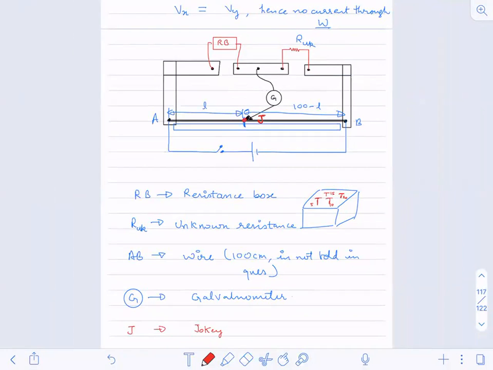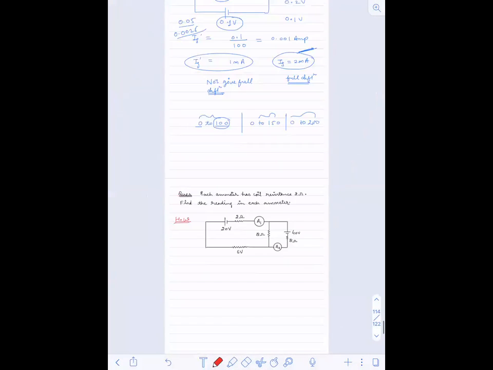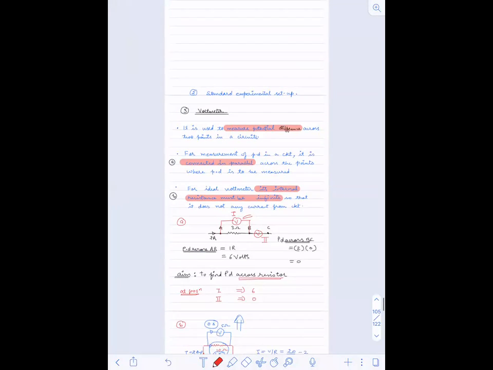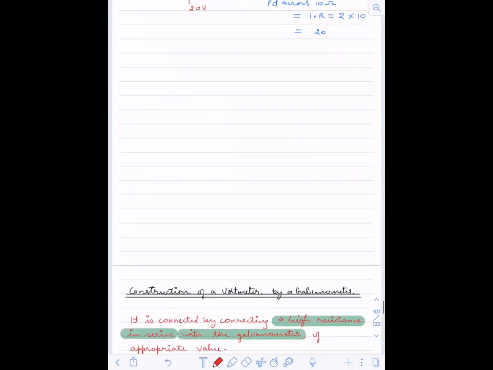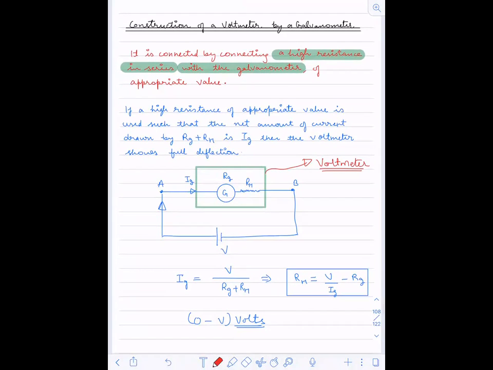Now you just quickly take the slides. So we have started from this voltmeter. Do it fast. Done. This is the second slide.